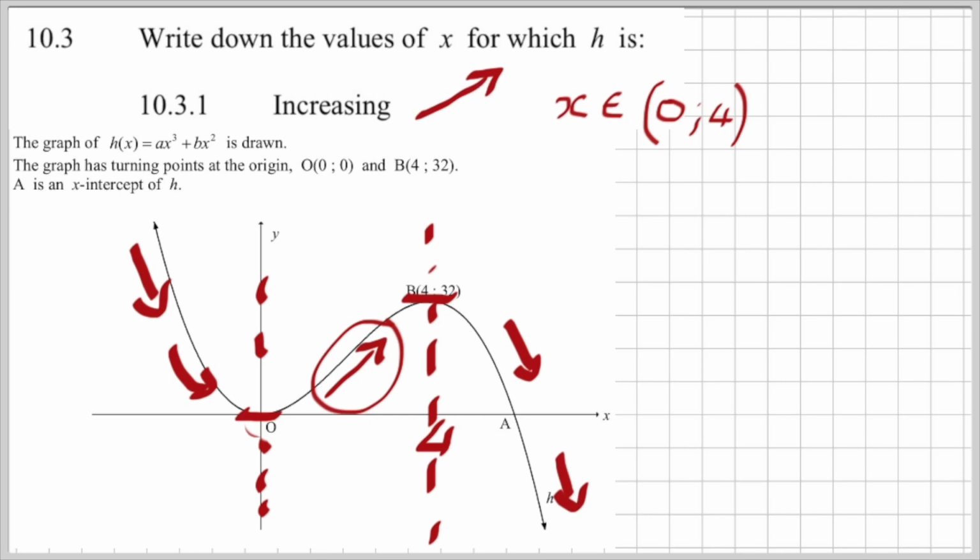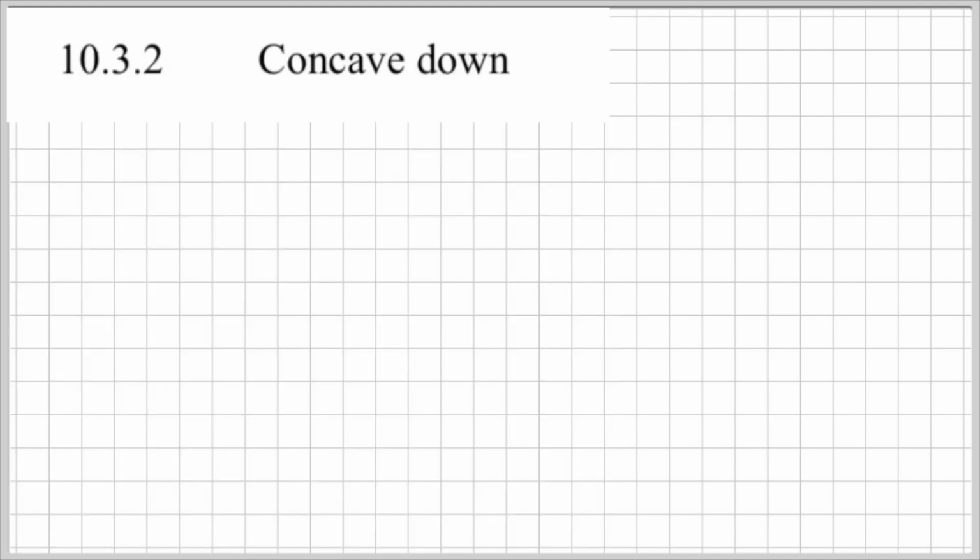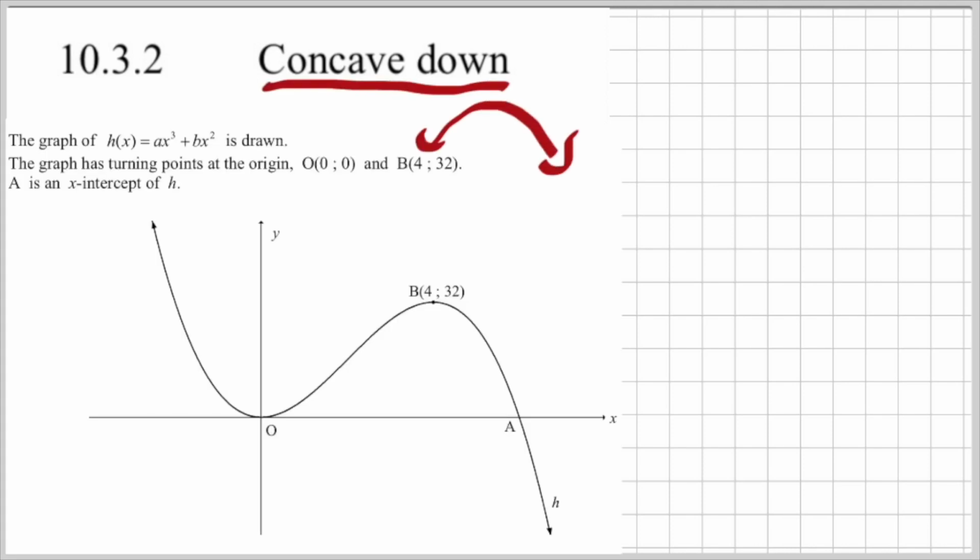Let's look at 10.3.2. At 10.3.2, they're asking me about concavity. What is concavity again? Remember, concavity is whether the graph is either frowning or smiling, okay?